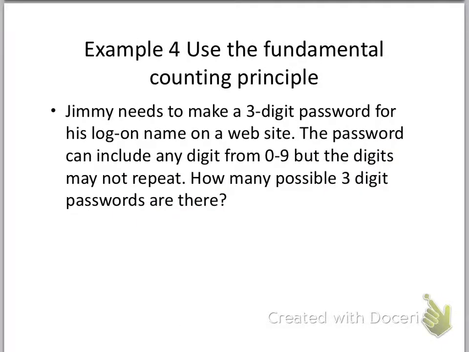Alright, let's try this one. Jimmy needs to make a 3-digit password for his login name on a website. 3 digits. The password can include any digit from 0 to 9. Those are 10 different digits. But the digits may not repeat. So the first digit could be anything 0 through 9. But the second digit is going to have 1 less possibility.